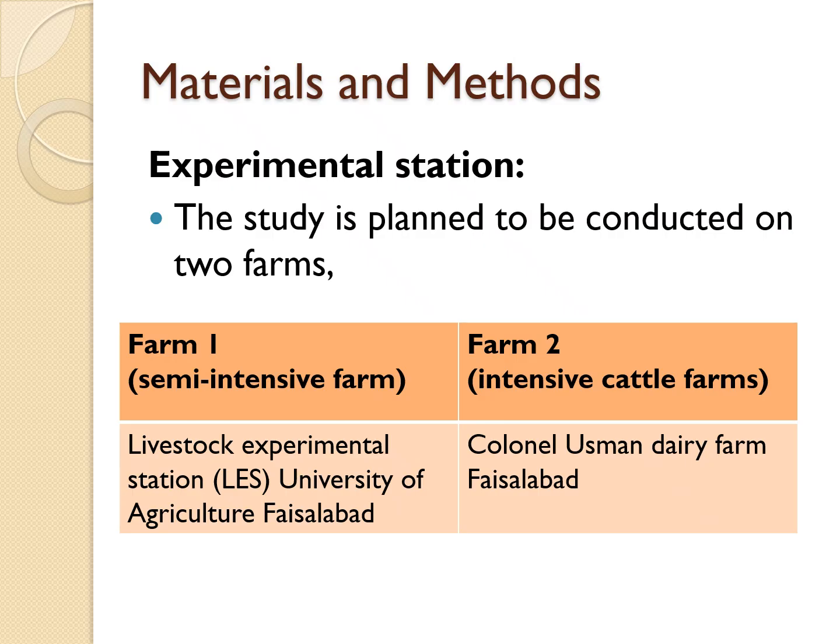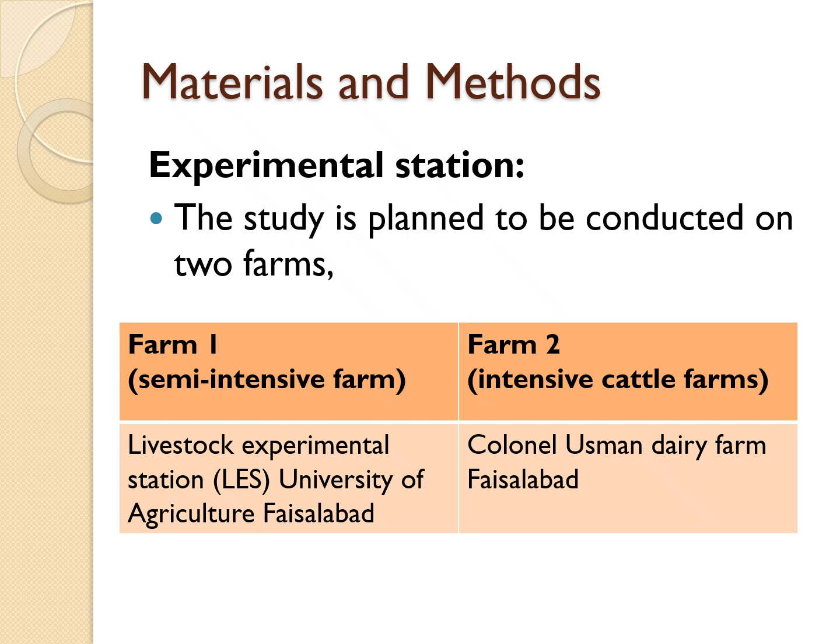Here's the materials and methods. On the experimental station, the study was planned to be conducted on two farms. Farm 1 is a semi-intensive farm, that is the livestock experimental station, University of Agriculture Faisalabad in Pakistan, and farm 2 is an intensive cattle farm, that is Colonel Osama Dairy Farm Faisalabad in Pakistan.